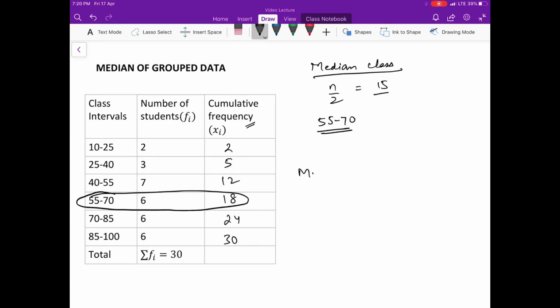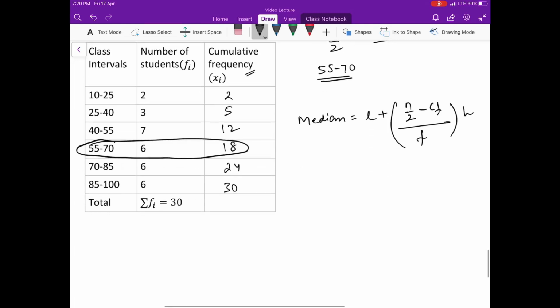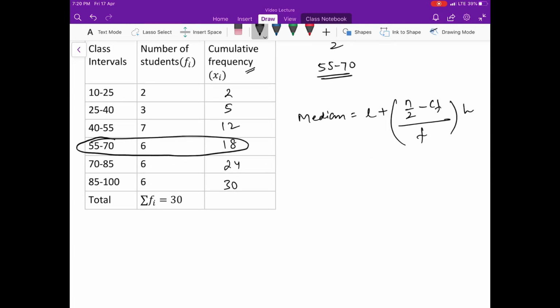The formula for the median is: median equals L plus (n by 2 minus cumulative frequency) divided by frequency, into h. Let us see what L and the other terms are.